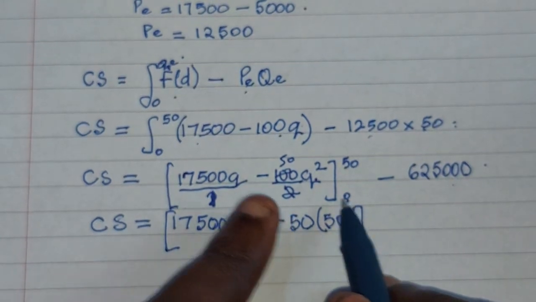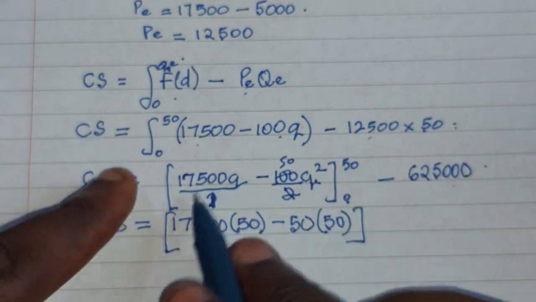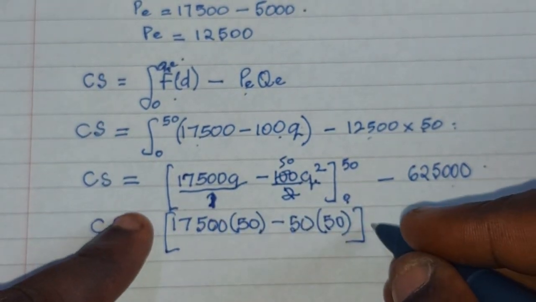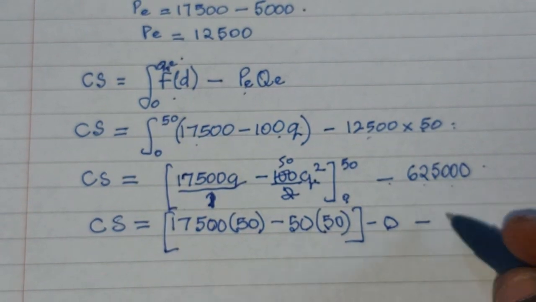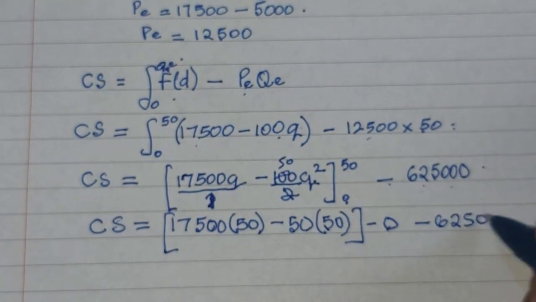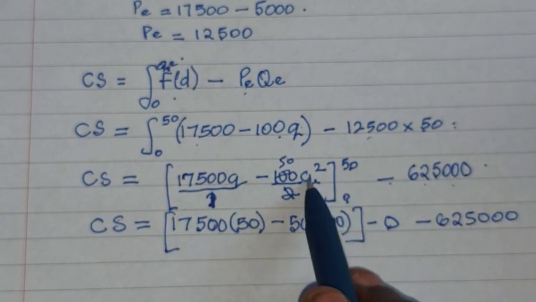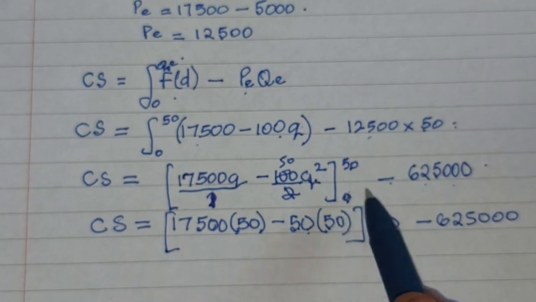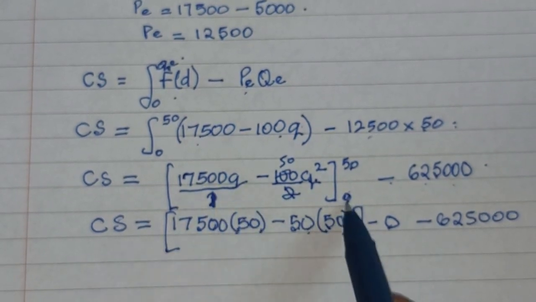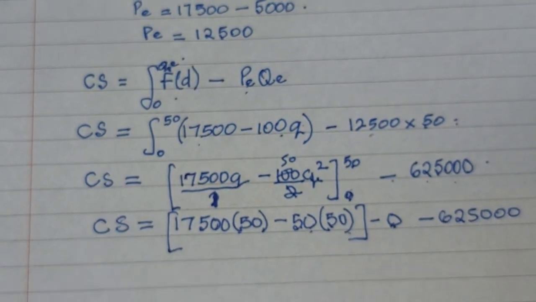We are supposed to put 0 into this to substitute for Q. But when you have 0, it means every other thing there is 0. Then minus 625,000. So as we have substituted for this 50, we're supposed to do for 0, but because this is 0, every other thing here becomes 0.